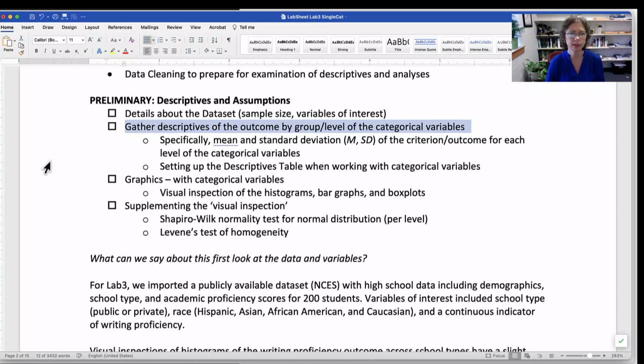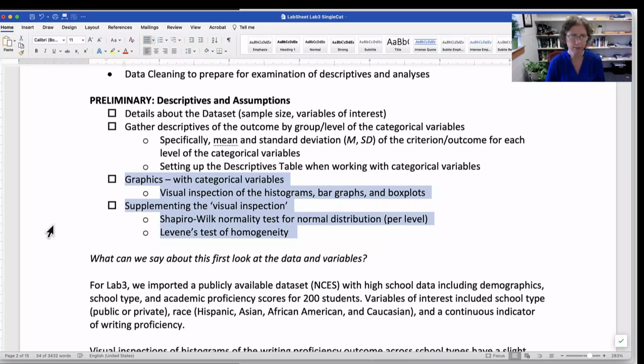That helps us with setting up the table when we are making a descriptive table for the write-up. And checking out our preliminary assumptions, we will check the graphs and then also do tests.